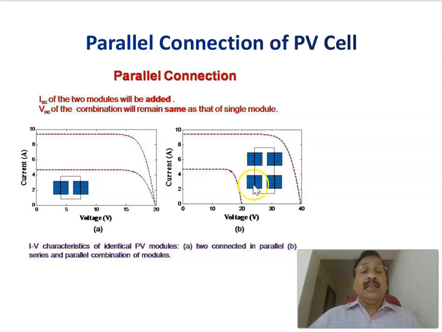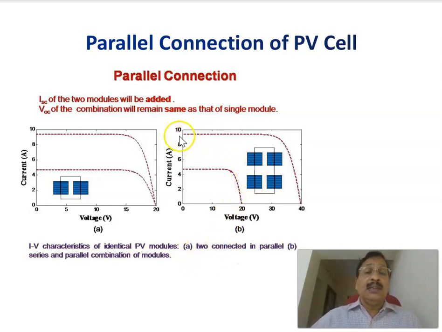Another case we can see is where there are four cells, two connected in series, and such two pairs connected again in parallel. Therefore, this is a series-parallel combination. Since they are connected in series, the open circuit voltage gets added, and since such combinations are connected in parallel, the short circuit current also gets added. So in this combination, where four cells have two in series and such pairs connected in parallel, the total IV characteristic of the system is a series-parallel combination.